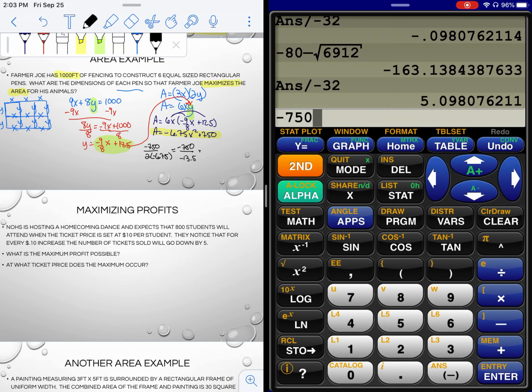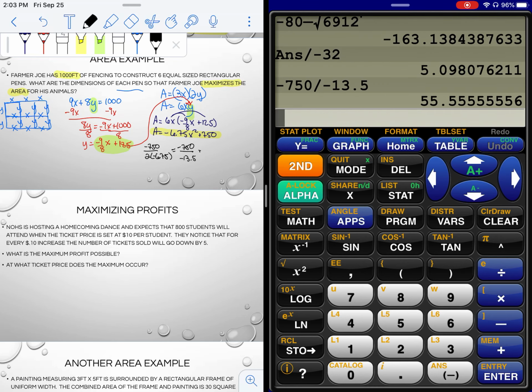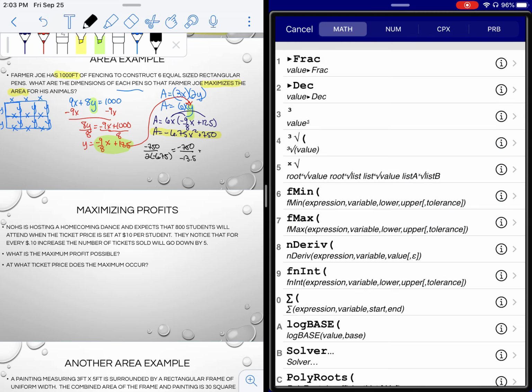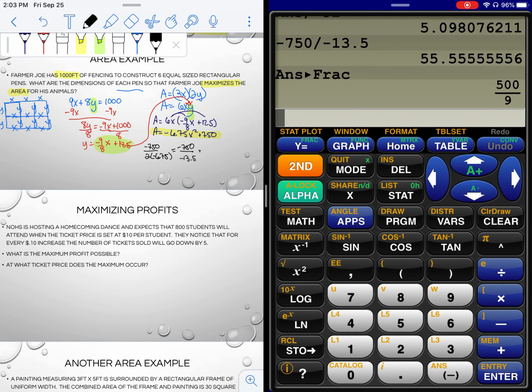So negative 750 divided by negative 13 and a half gives me 55 and 5/9. Okay, you can make it a fraction if you want. It'll give you improper, which is fine. I would rather keep it exact at the moment. We don't want to result in an error just because of a rounding error.